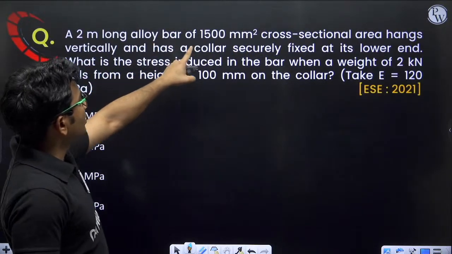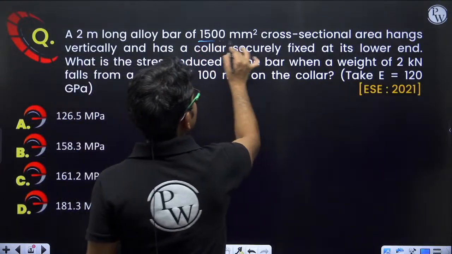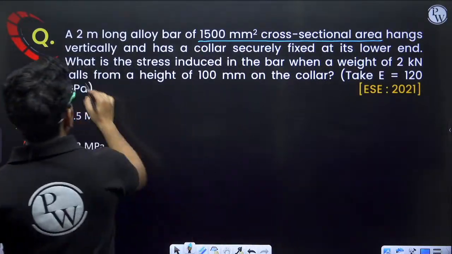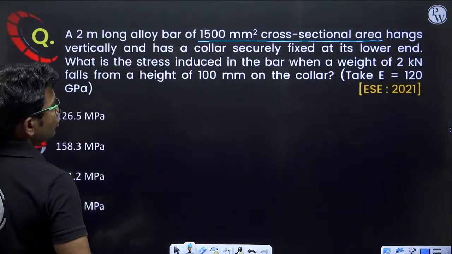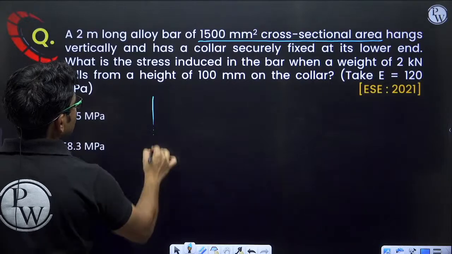A 2-meter long alloy bar of 1500 mm square cross sectional area hangs vertically and has a collar securely fixed at its lower end.